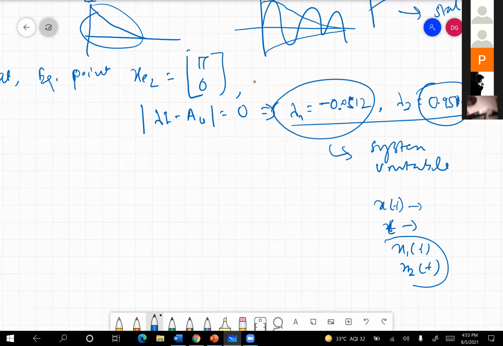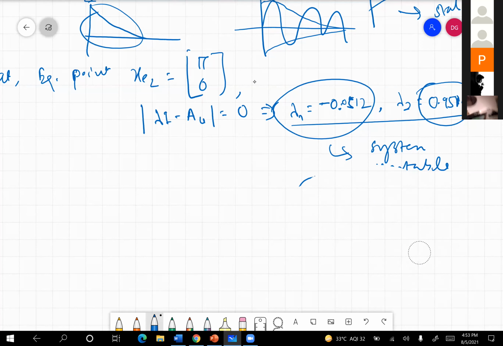How is x1 going to change with respect to x2? Basically, this is dx2 by dx1, so how x2 is going to change with respect to x1, a small change in x2 with respect to a small change in x1. So how is the slope going to change over time? This is what we are going to look at.